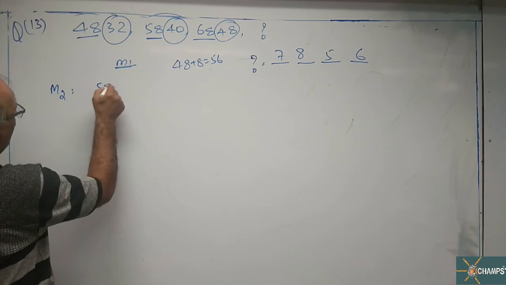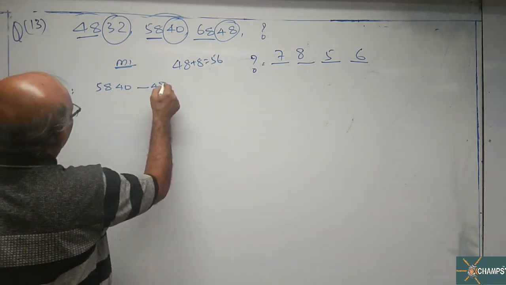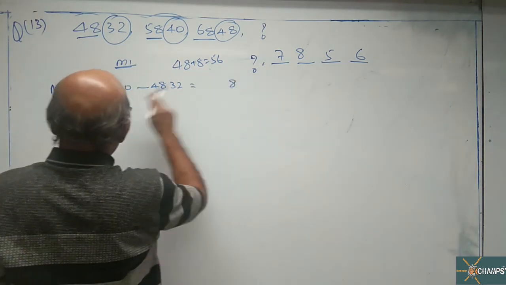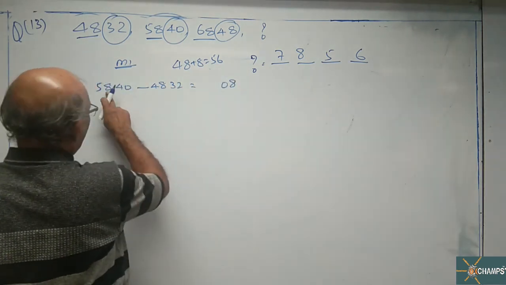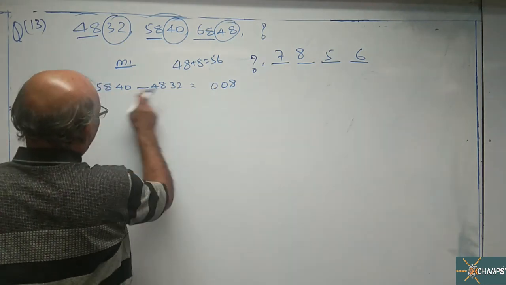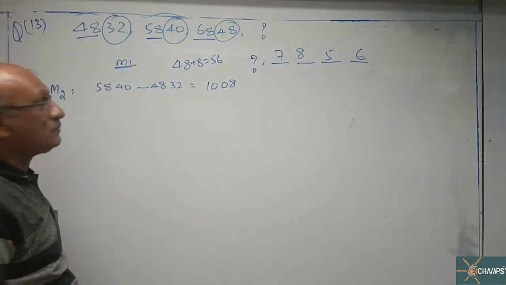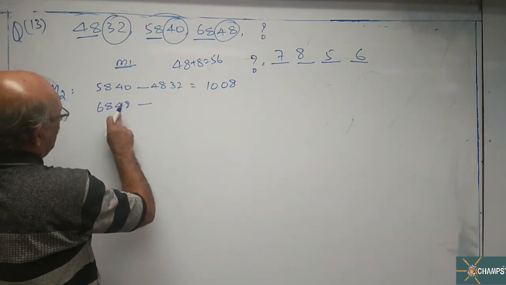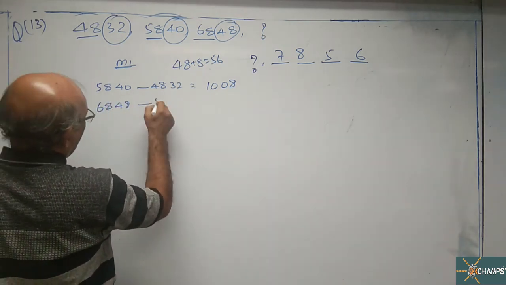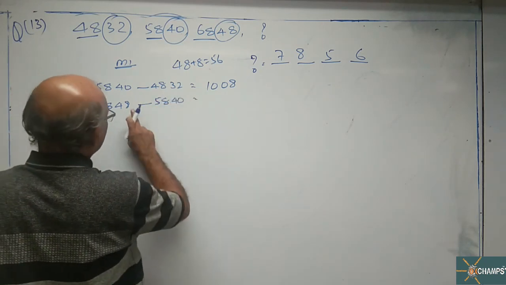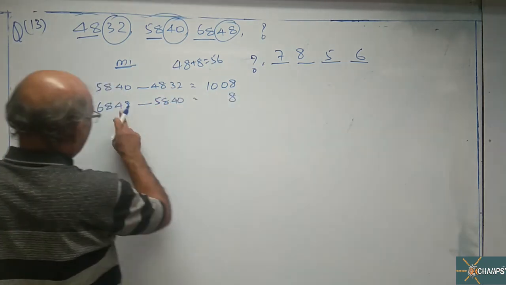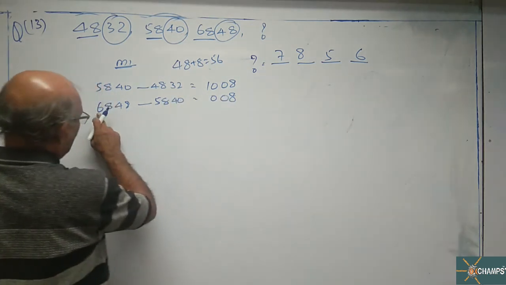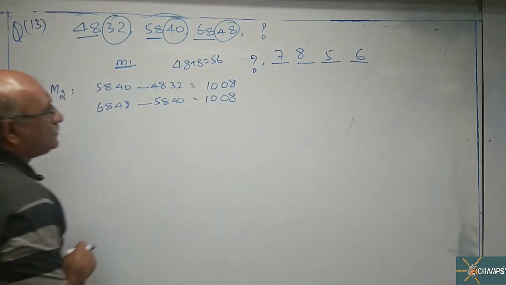Difference method. 5840 minus 4832: 10 minus 2 is 8, 3 minus 3 is 0, 8 minus 8 is 0, 5 minus 4 is 1. Next, 6848 minus 5840: 8 minus 0 is 8, 4 minus 4 is 0, 8 minus 8 is 0, 6 minus 5 is 1.